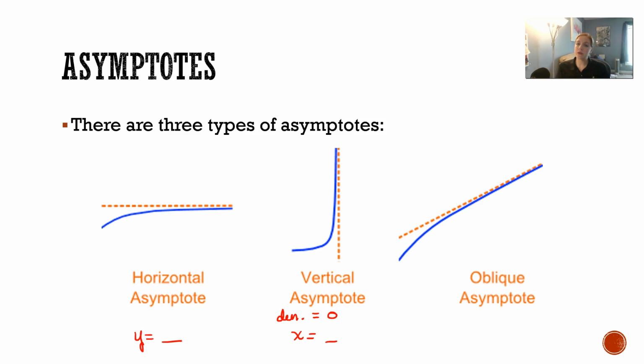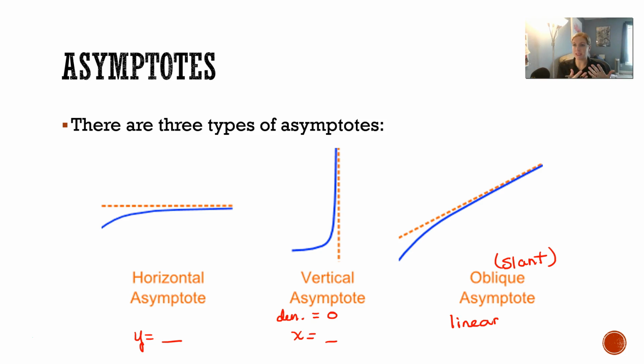And then the last one is an oblique asymptote. An oblique may also be called slant, so just be aware that it could be called slant as well. It's just a linear asymptote, with a linear equation. Basically this occurs when the exponent on the top, in the numerator, is greater than the exponent on the bottom.